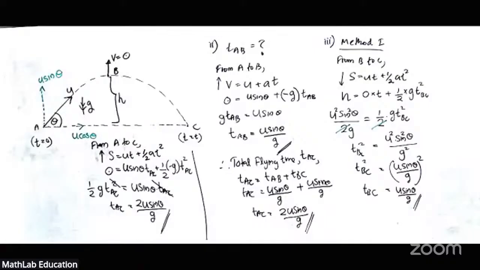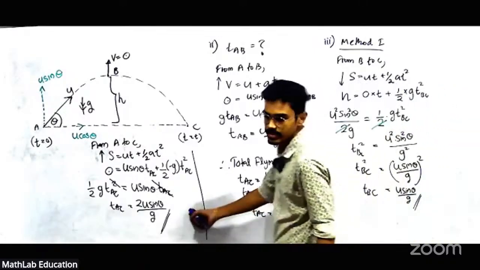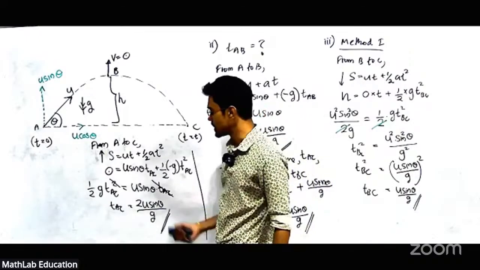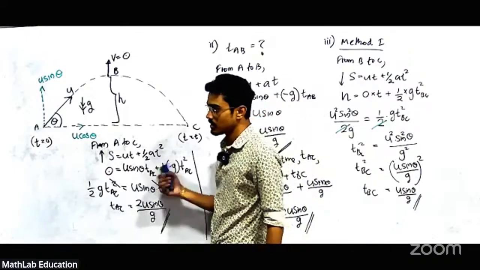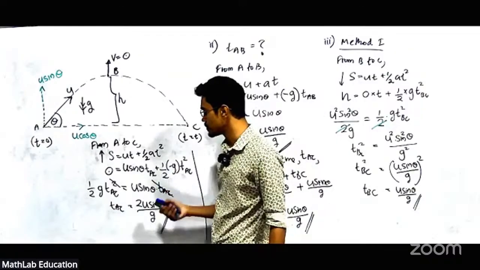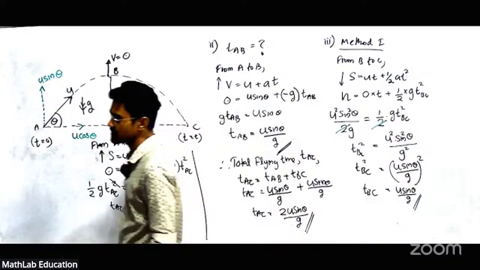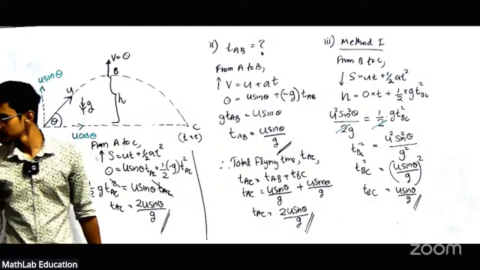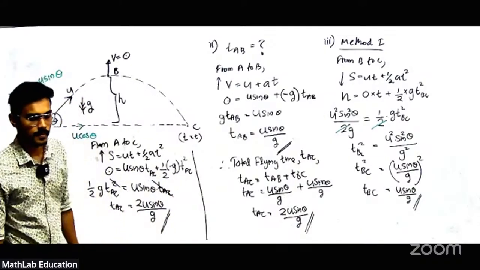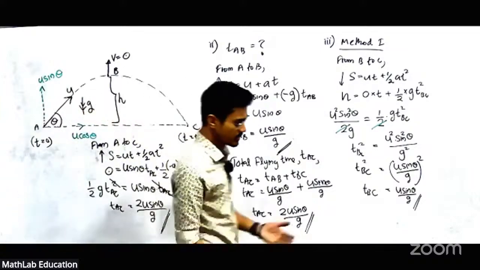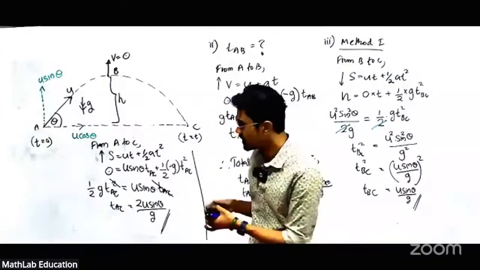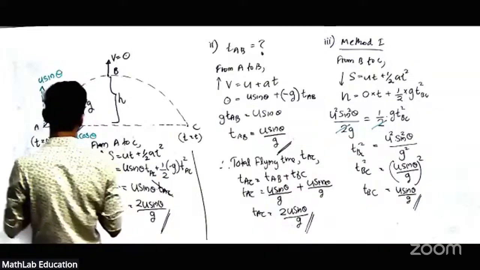We did this same thing in linear motion, but we didn't have any angles. So you got 2u over g in linear motion without any angles. Take it down.